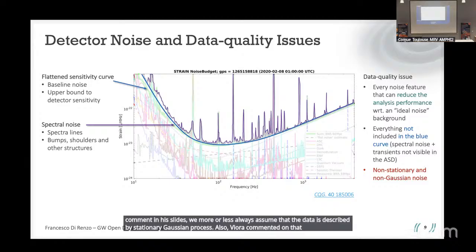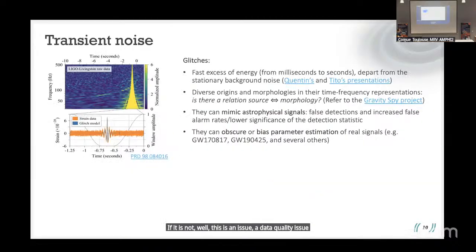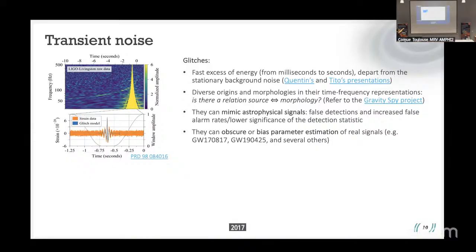If it is not, well, this is an issue, a data quality issue. Let's start from transient noise. Transient noise is typically divided into glitches, which are fast transients. The most famous one is this big glitch, corresponding to the BNS signal of August 2017, on top of the Livingston data.